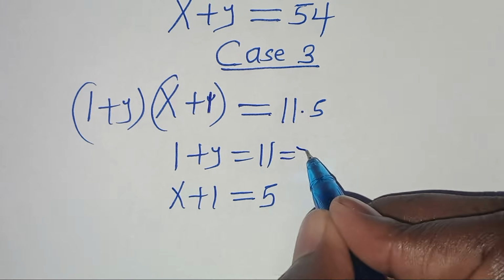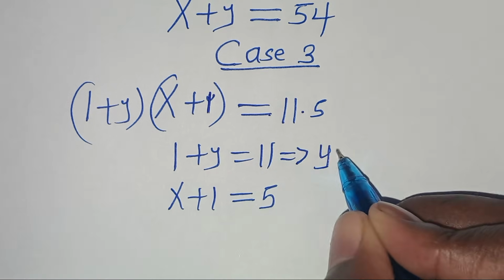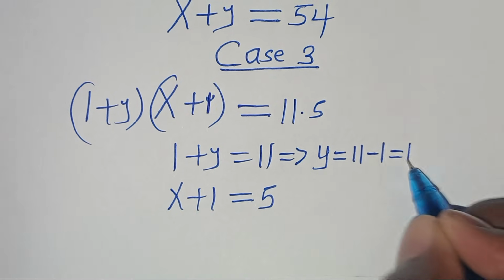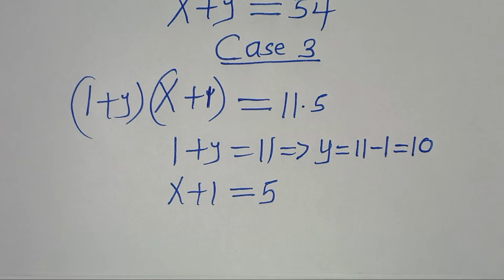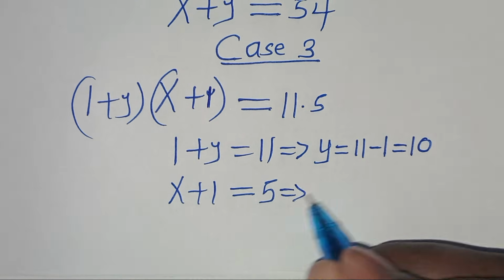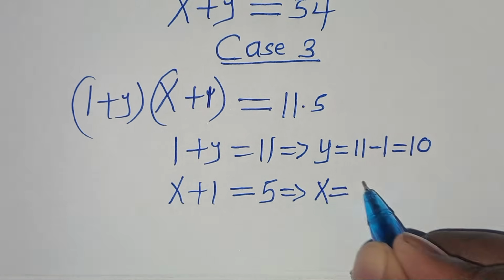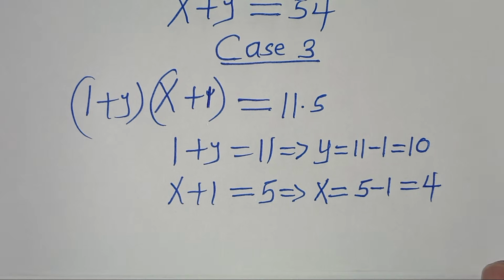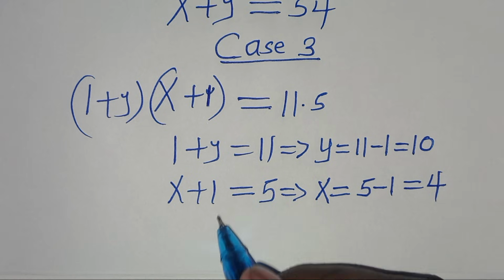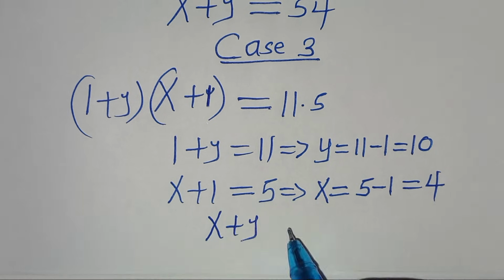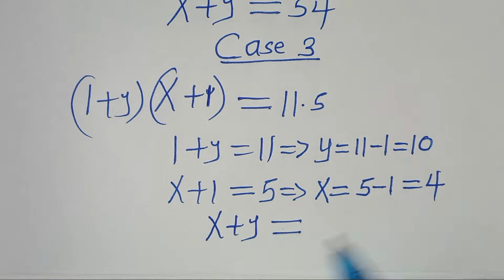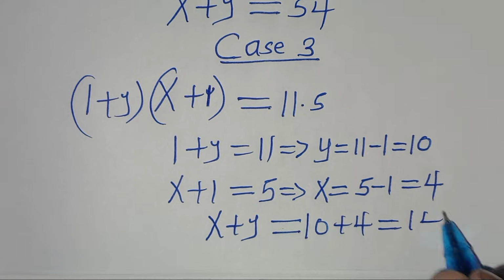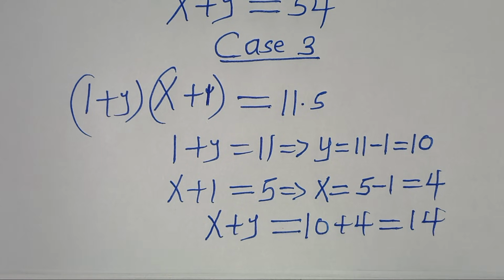From the first part, y = 11 minus 1, which is 10. In the second, x = 5 minus 1, which is 4. So this implies that x + y = 10 + 4, which is 14. So this is case 3.